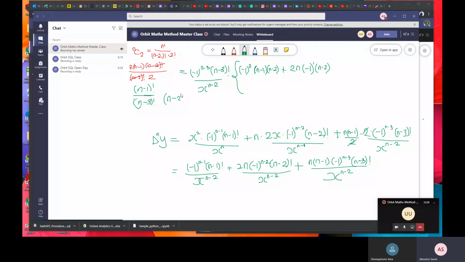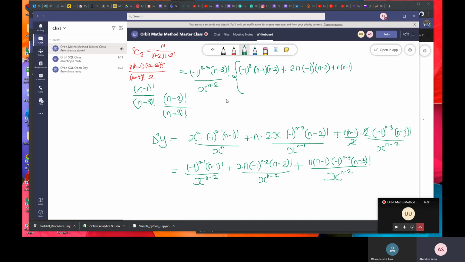So if I do n minus 2 factorial all over n minus 3 factorial, what will be left is n minus 2, because n minus 2 factorial is the same as n minus 2 times n minus 3 factorial. So that n minus 3 factorial will cancel n minus 3 factorial. I'll be left with n minus 2. Do you understand? So plus, I'll have n times n minus 1 as I have it here.